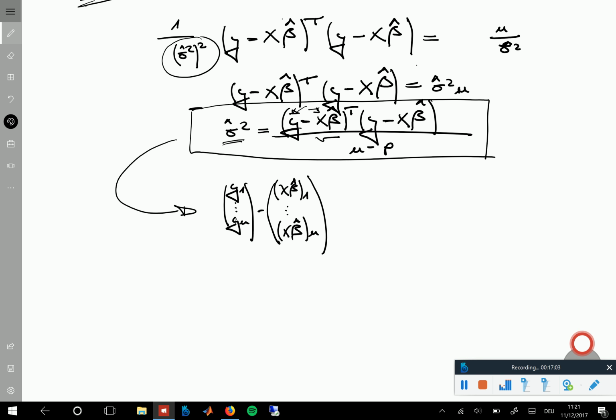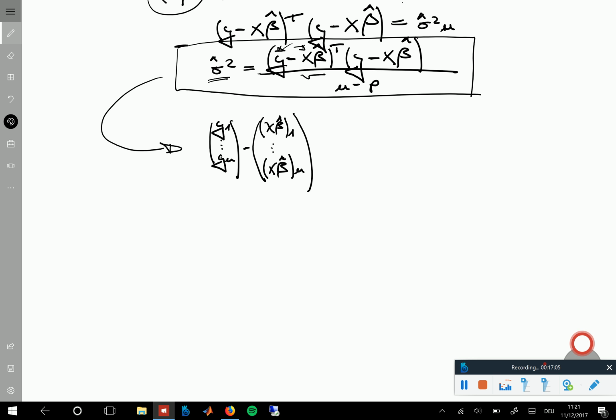Then you have this transpose multiplied with itself. As I earlier discussed, this is like squaring. So what you actually compute there is the residual sum of squares, y_i minus x beta hat_i, where i means the ith entry of this vector, and you square that.